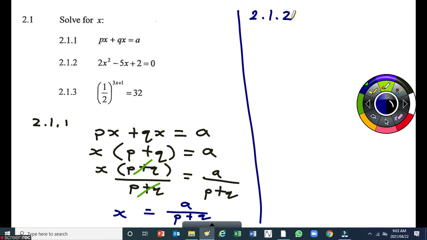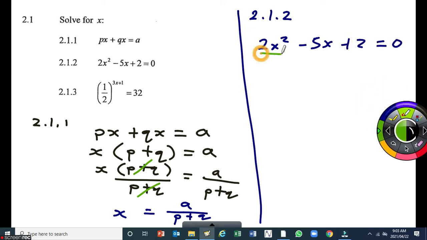2.1.2, it's a quadratic equation. Okay? So we have 2x squared minus 5x plus 2 equal to 0. And I'm sure you can see that the coefficient of x squared there is a 2. The constant term is a 2. So it will be 2 times 2, which is going to be 4.